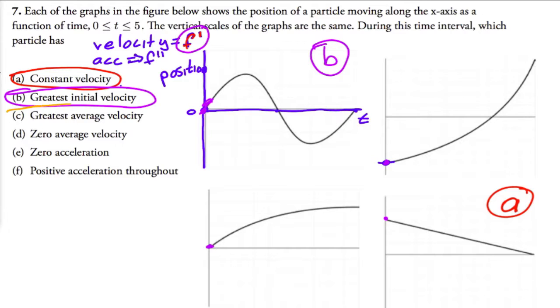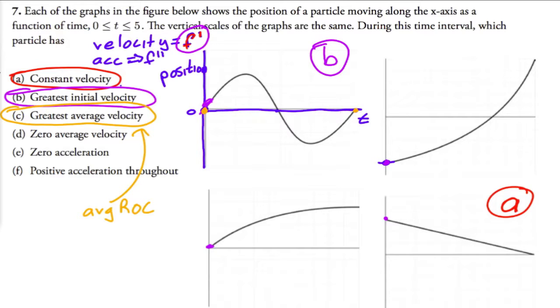Now for the greatest average velocity. Now average velocity and average rate of change, those two are exactly the same thing. Velocity is just a specific type of rate of change. So the average velocity, remember, graphically, that's symbolized by the slope of the secant line.